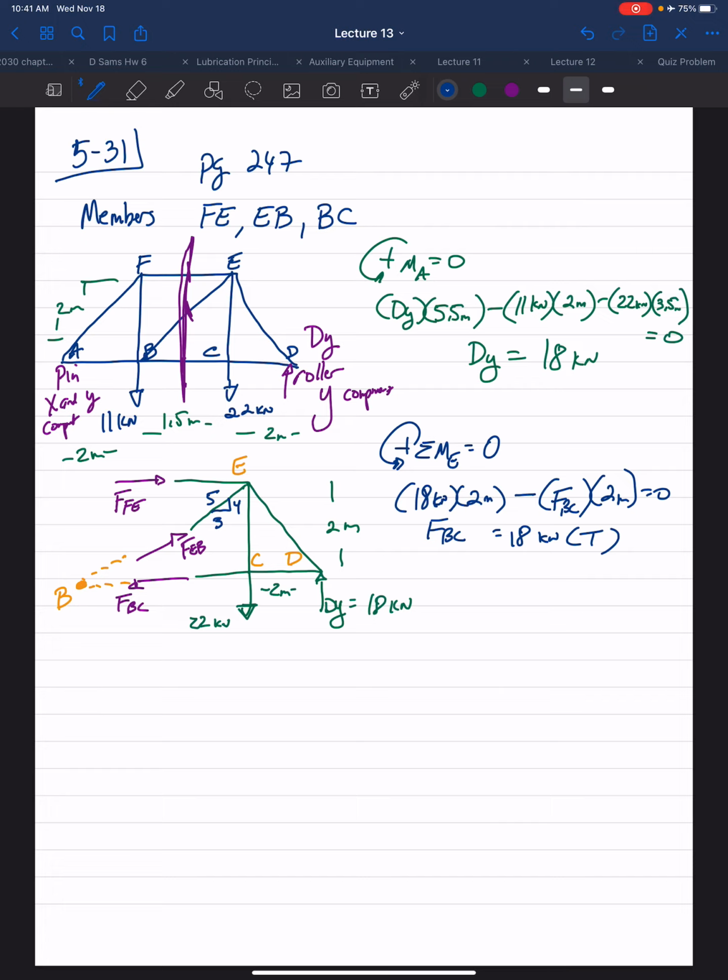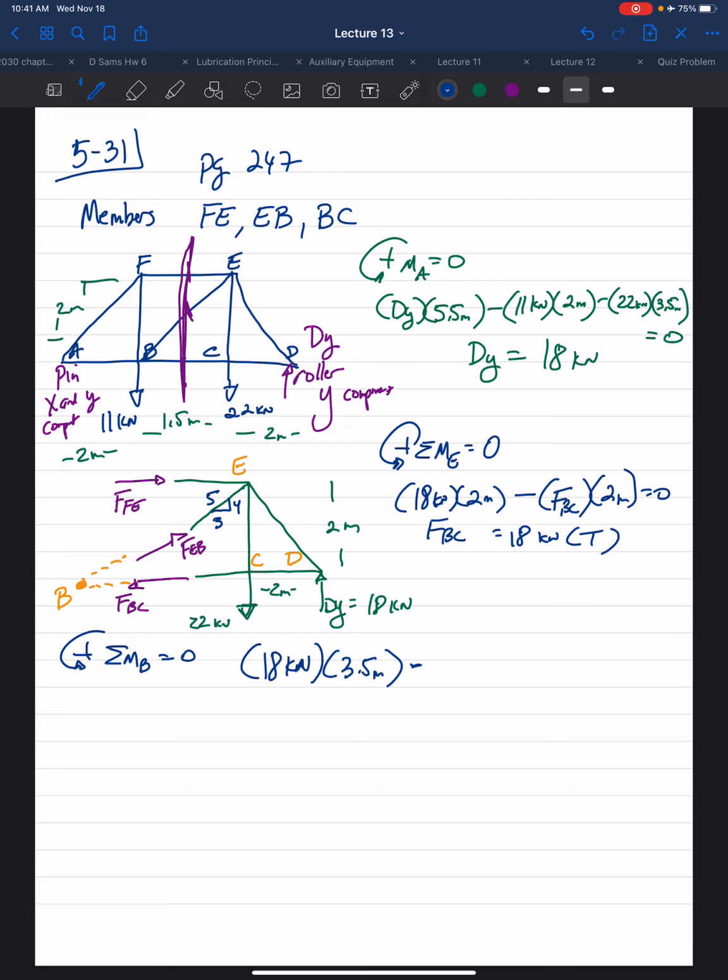Next, if I take the sum of my moments about point B, we can eliminate FEB and FBC, which will allow us to calculate FFE. So here, the 18 kilonewton force creates a positive rotation about point B, perpendicular distance being 3.5 meters.